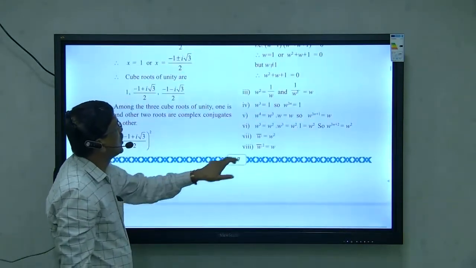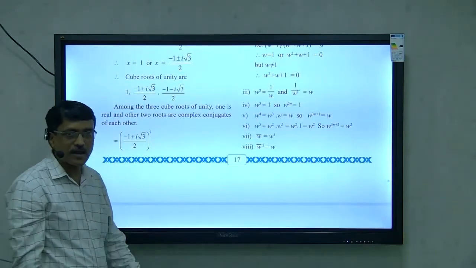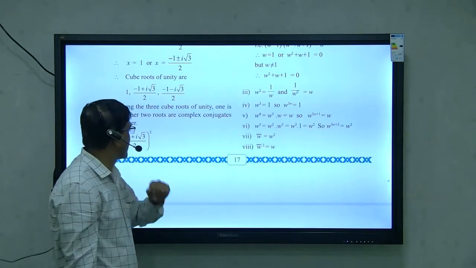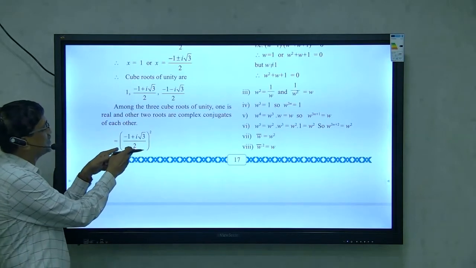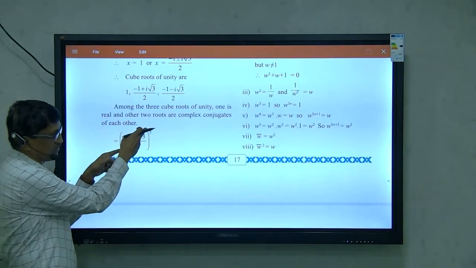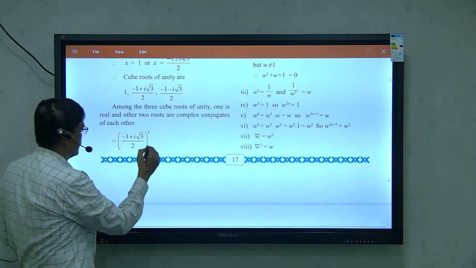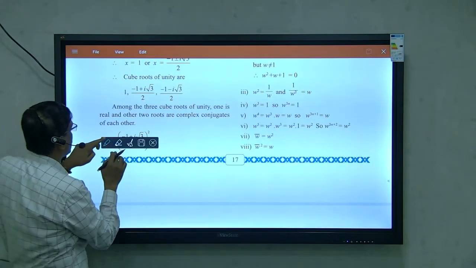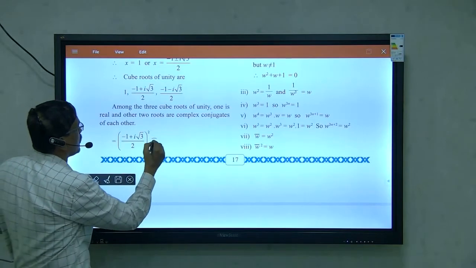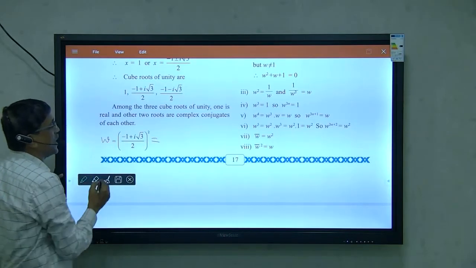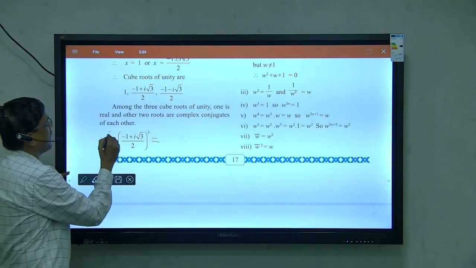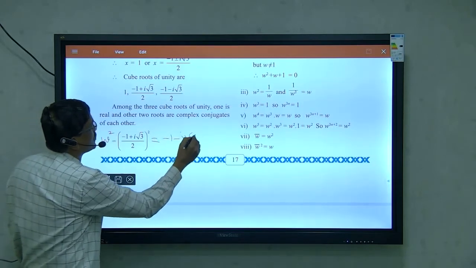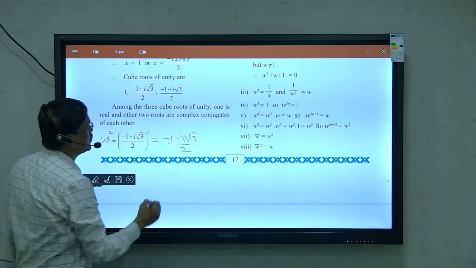See here, omega bar. Omega bar is the conjugate of omega. See, this is omega square, and we have obtained here, so this is already omega, and we square it. We obtained -1 minus i√3 upon 2.